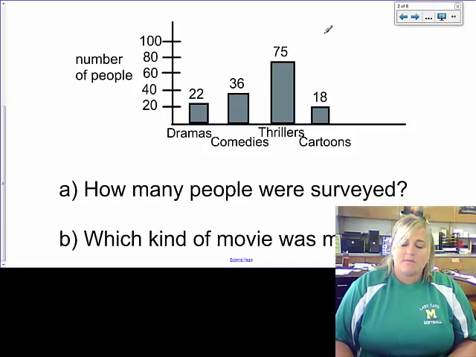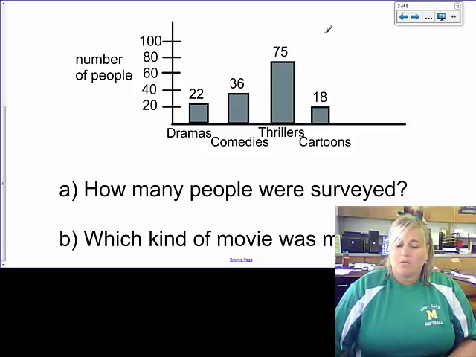The question says, how many people were surveyed? Well, we can see very easily that 22 people like dramas, 36 people like comedies, 75 people like thrillers, and 18 people like cartoons. So all we have to do is add those things up.